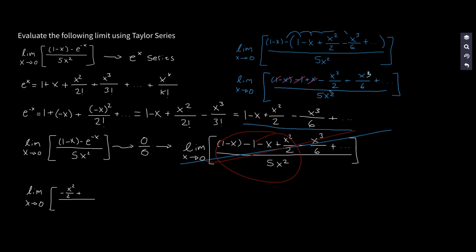This is supposed to be x raised to the third. I'm sorry. But this part's still correct. So negative x squared over 2 plus x raised to the third over 6 plus something.